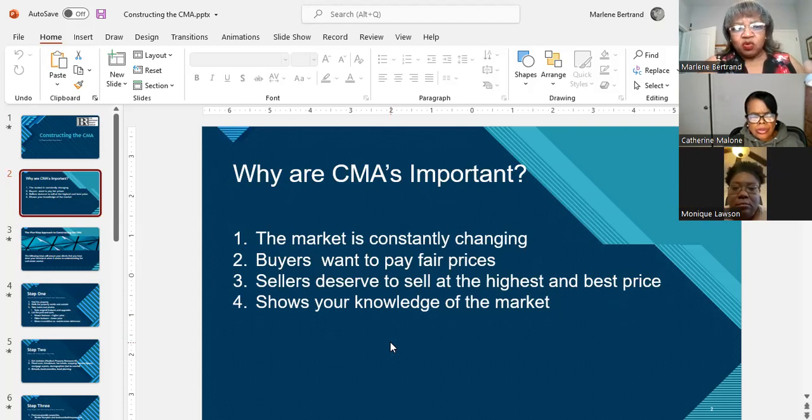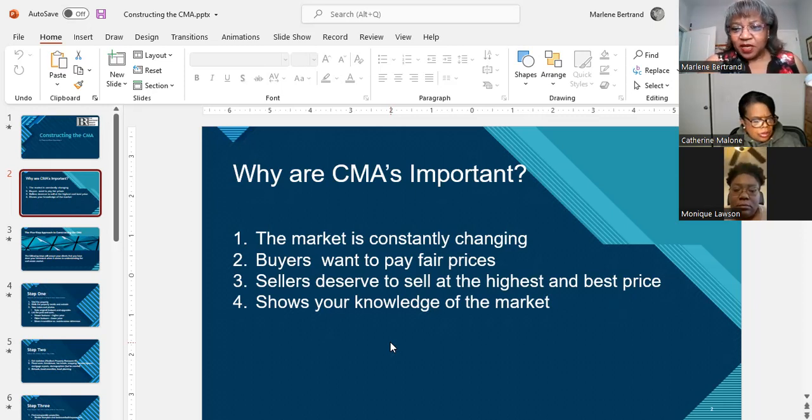So you would probably be able to find this out yourself if you were doing a market analysis. So it's important to do that market analysis whenever you have a buyer or a seller, just so that you can show them what's happening in the market. You yourself would be able to come up with the same conclusions as the National Association of Realtors when you do that market analysis.